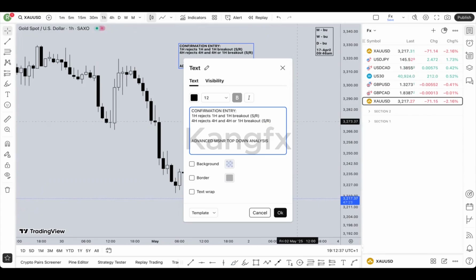Only in rare cases can we use rejection from a QM, and that QM must be FTQM or ABQM, FTABQM.